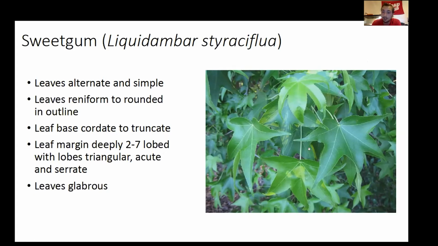You can see how deep these lobes are, almost getting more than halfway towards the primary veins in the middle. And the lobes are triangular, acute, and very much smaller serrate than they are in the sycamore. These really tiny teeth are still pointing towards the tip of the leaf. And the leaves are very smooth, glabrous.